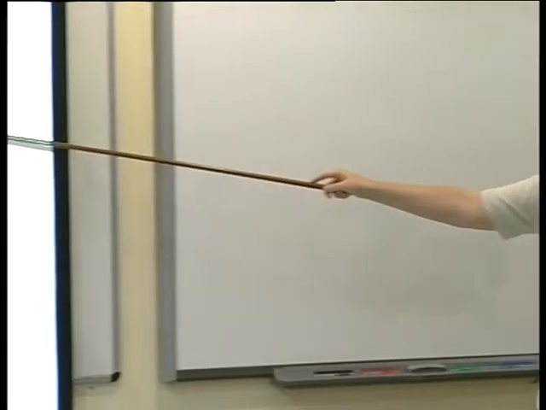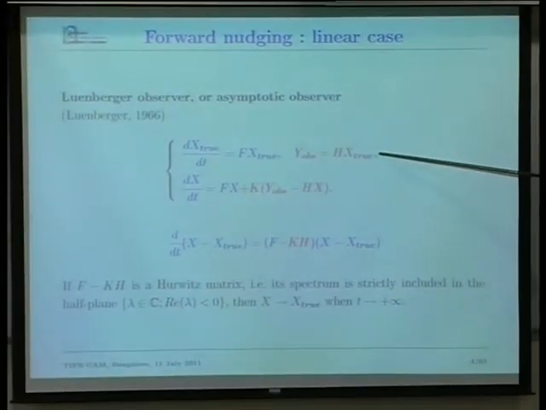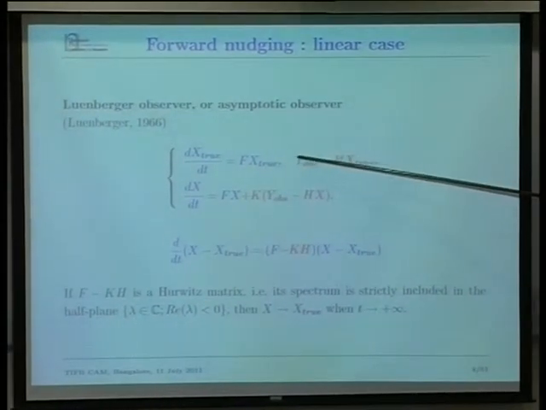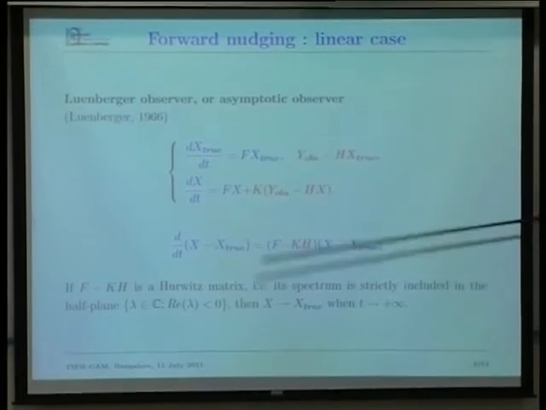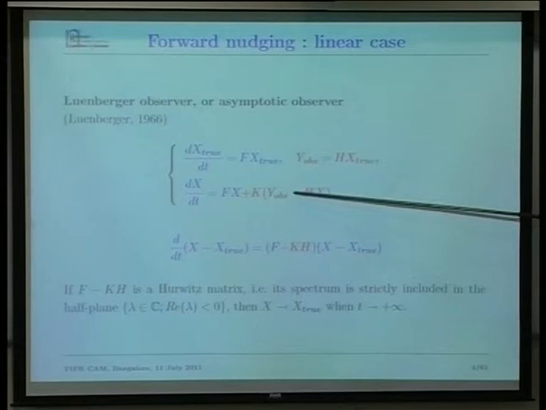Just to remember how it works, if the observations come from the true state, which is unknown, and you assume that the true state is a solution of your model, then the nudging state has a nice property.